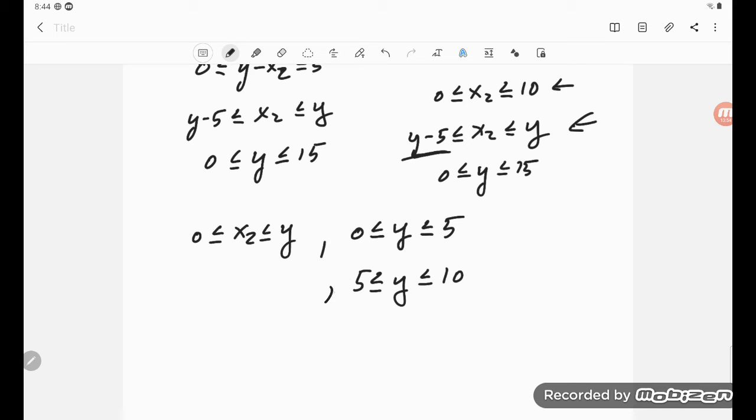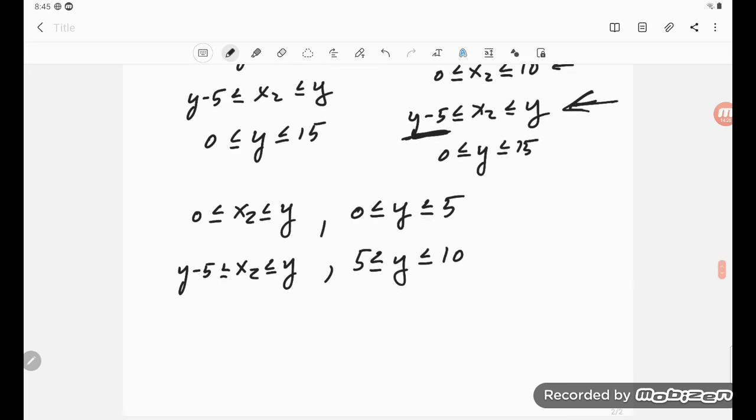Now this one is going to be between 0 and 10, and in this case we have y minus 5, because if y is 5 or more, this bound starts to matter. And this bound still matters as long as y is less than 10. And so we get x2 less than or equal to y.